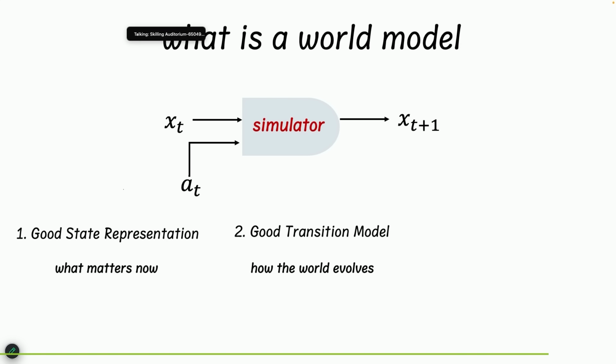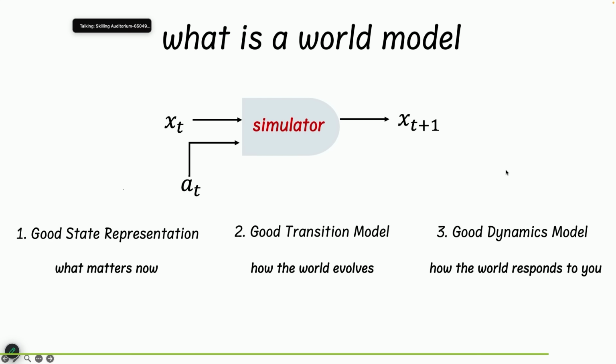For example, there should be grounding rules underlying the environment. For example, gravity exists. We have to understand these rules to predict the world and to simulate the world. And the last component is a good dynamics model. Now you're going to do some action, and your model should react to your action in an appropriate way. Keep these three things in mind because I'll revisit them at the end of the Causal JEPA part to discuss how I address these three questions.